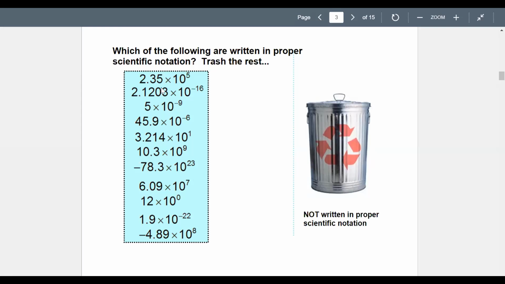So if we look at the very next example, we've got 2.1203 times 10 to the negative 16th. This states to me I will have a very small number, and there will be 15 zeros. The reason I say 15 is because one of those moves to the left gets it right there, and then the next 15. So that's 5 sets of 3. That's a lot. It's a really small number.